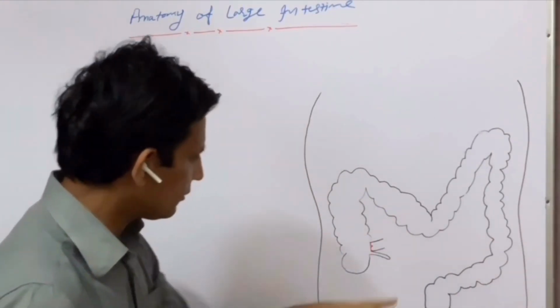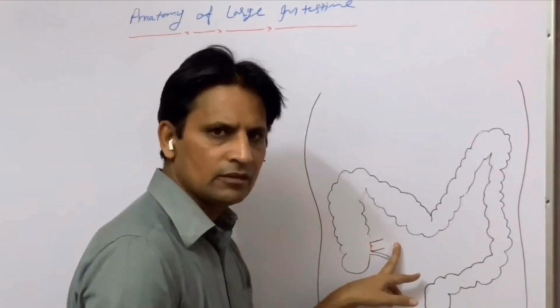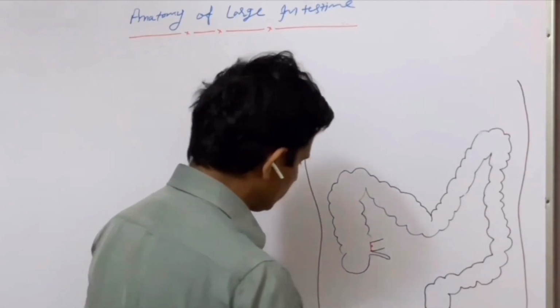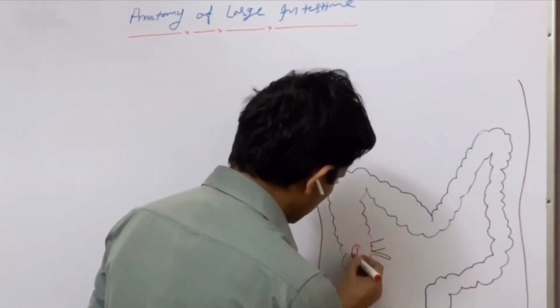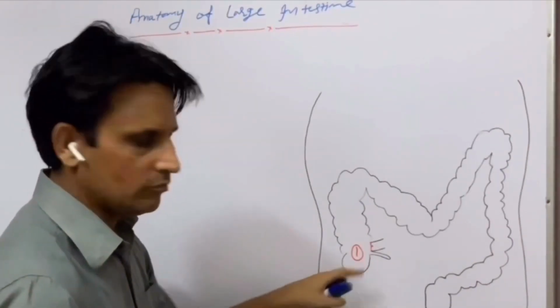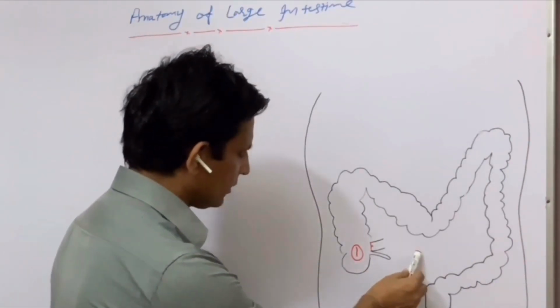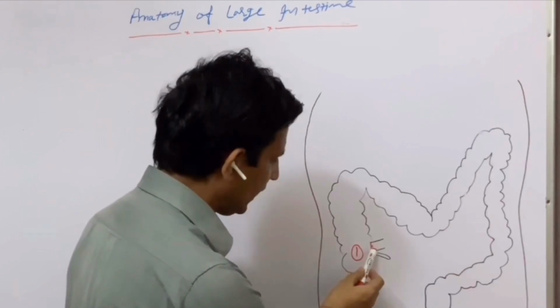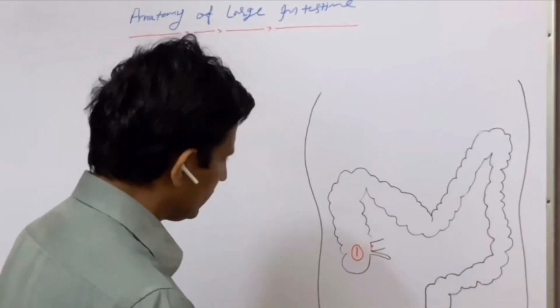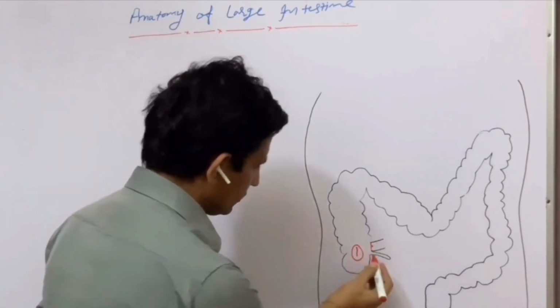This ileum connects with the first part of the large intestine, which is known as the cecum, at this point, and this particular point is known as the ileocecal junction.